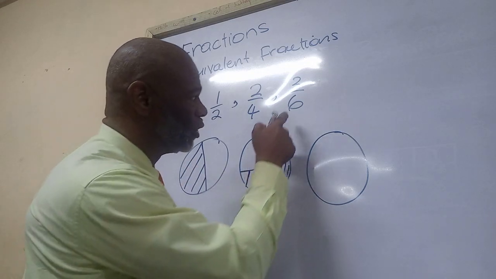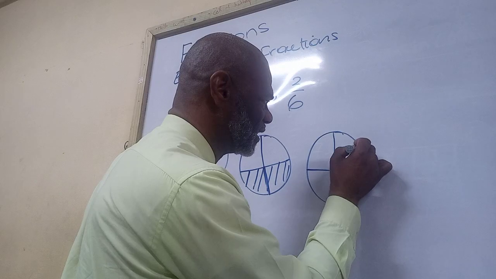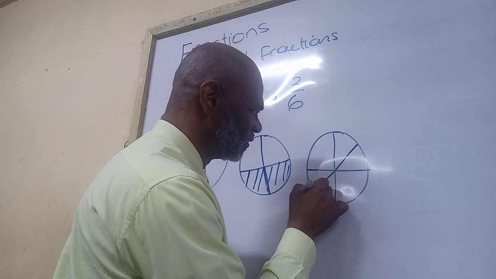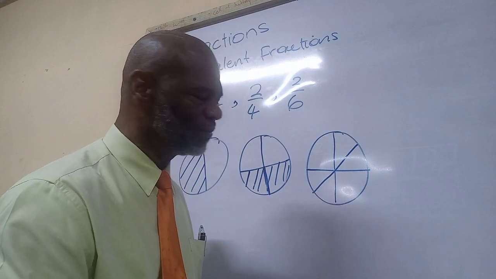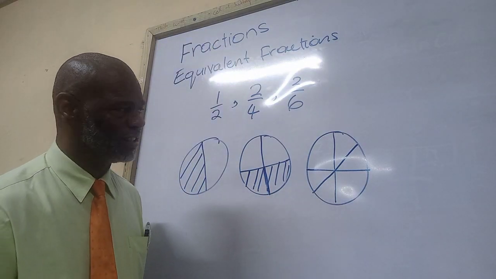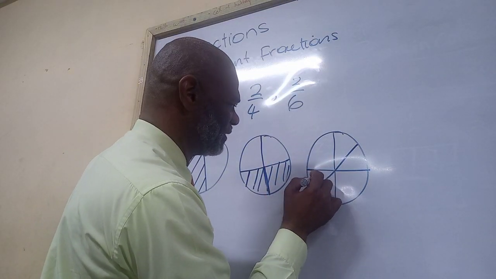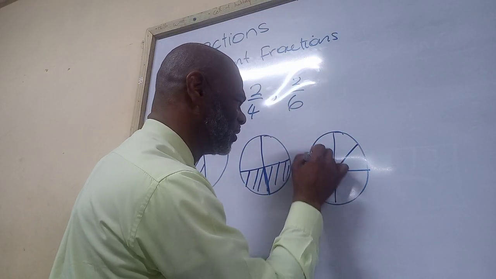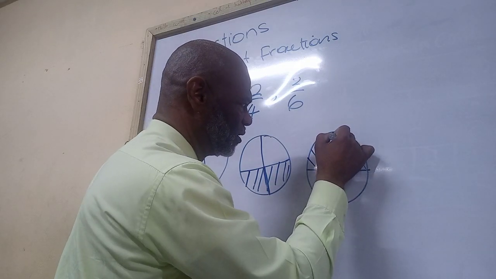Now this pizza is divided into how many parts? 6. So 1, 2, 3, 4, 5, 6. That's divided into 6 pieces, and we are giving away 3 pieces out of it. So let's give away the top part, 1, 2, 3.